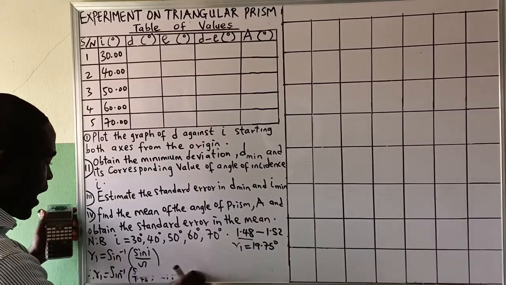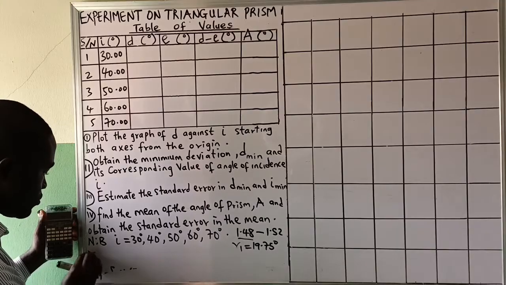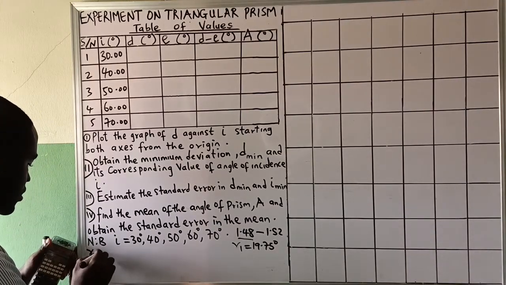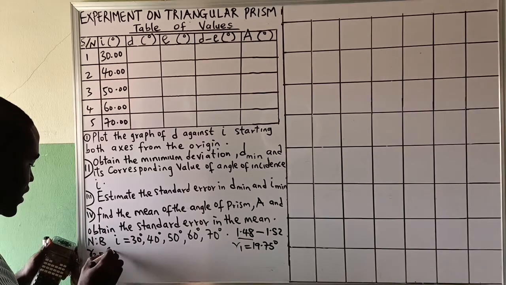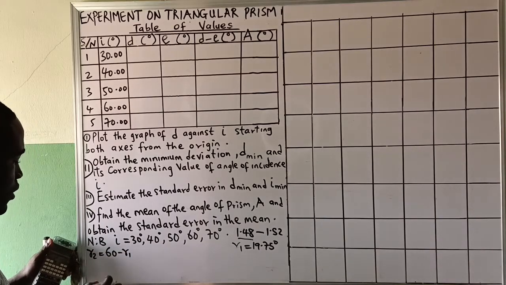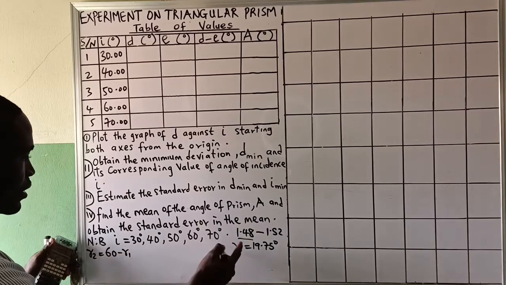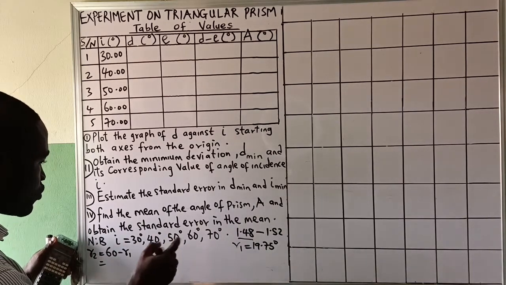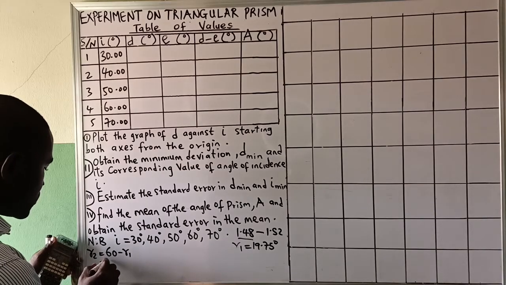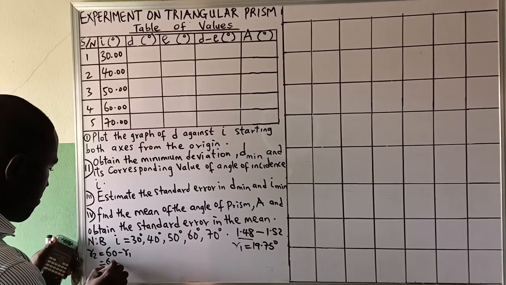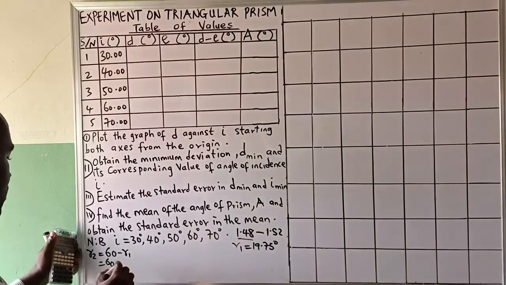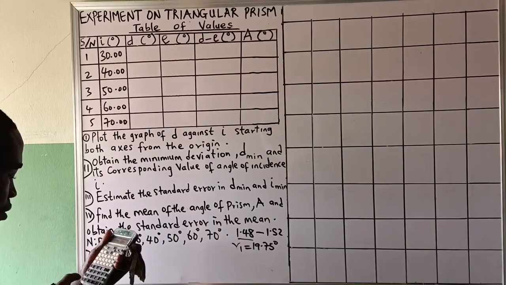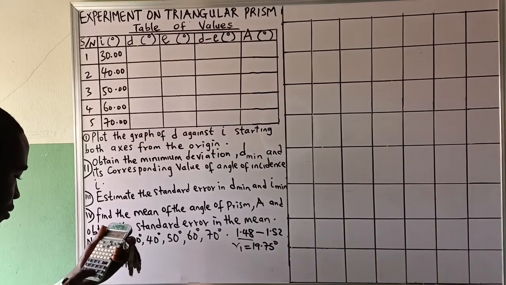What about my r2? r2 says that the answer is 60 minus r1. Then what is r1? 19.75. So I'll have my r2 equal to 60 minus 19.75.